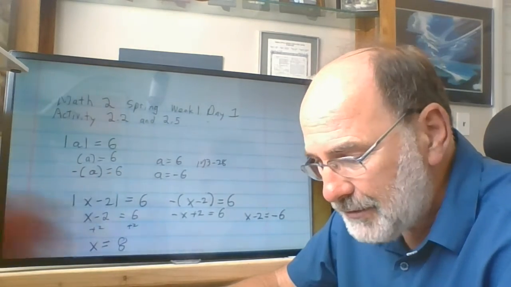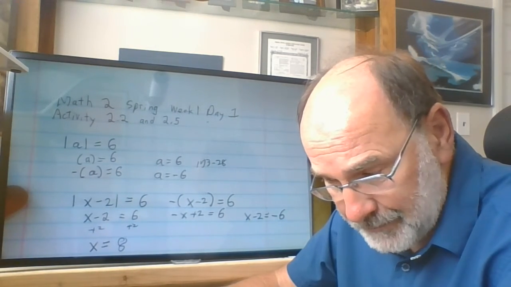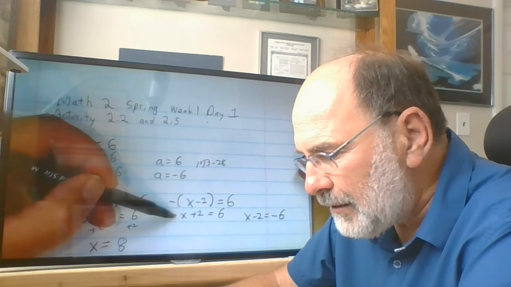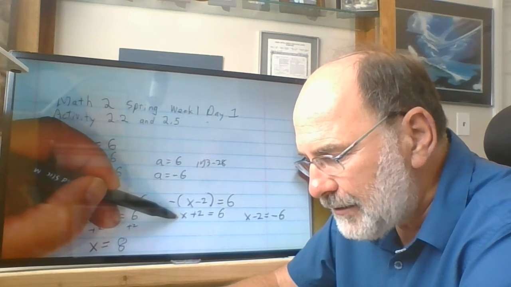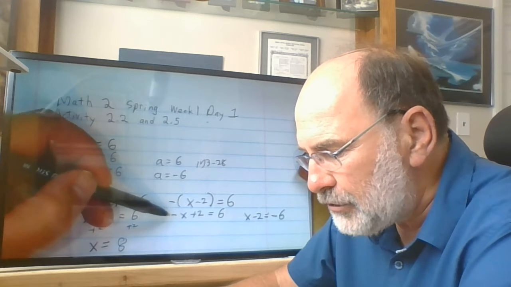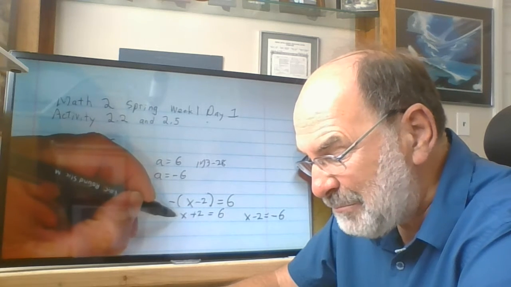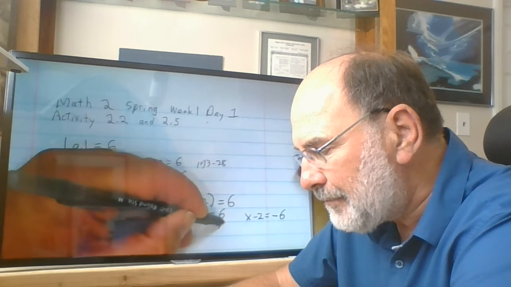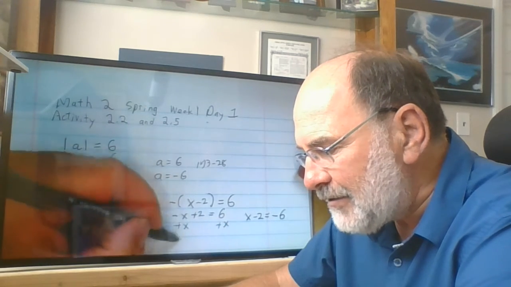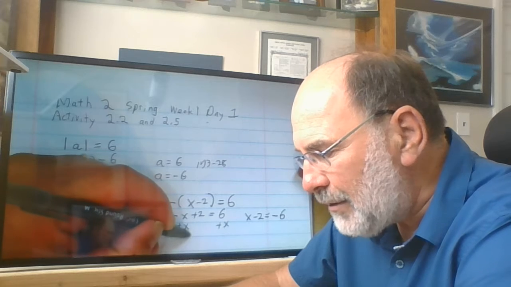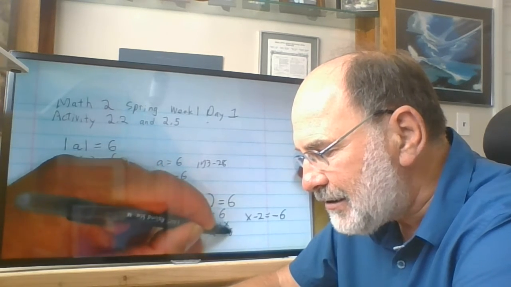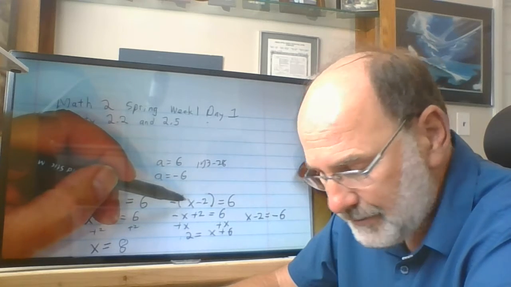Now, I kid you not, both of these lead to exactly the same solution. If we go with this first route, I want to solve for x. So I could choose to add x to both sides. And that gives me 2 on the left is equal to x plus 6 on the right.